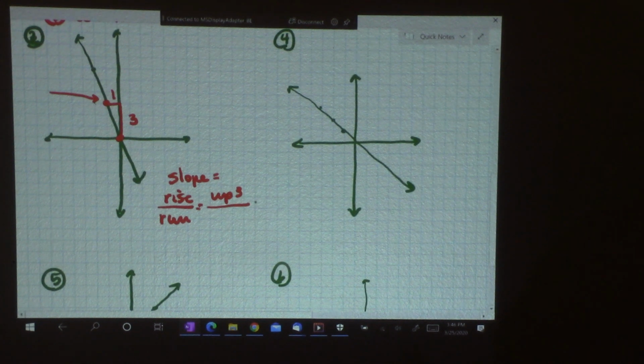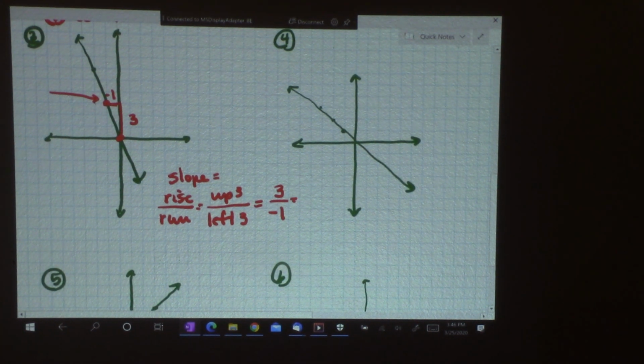I went up 3, so that's positive 3. Now, when I'm going right or left, if I go to the left, that is negative. If I go to the right, it's positive. I'm going to the left, so I'm going to go left 1. That is negative 1. So this is actually negative here.